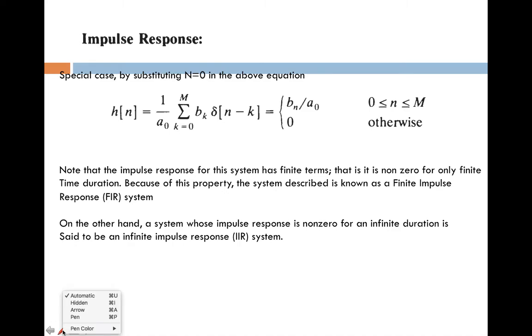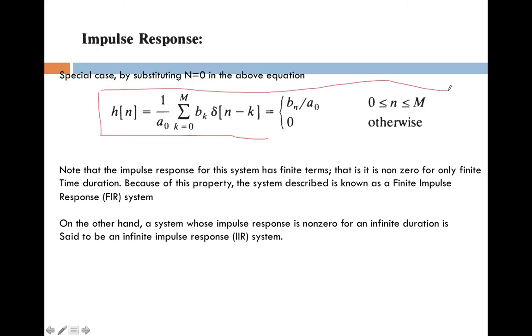Now from this we are going to conclude two important impulse responses. For example, take this system: its impulse response consists of a finite number of terms, that is, it is non-zero for only a finite time duration.